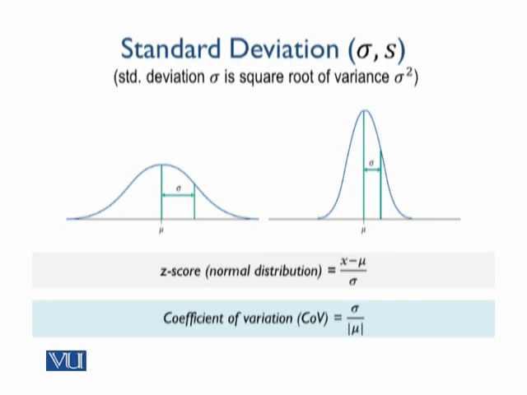So for any value x, if we want to see its z-score, we subtract mu, which is the mean value, from x. That difference tells how far that value is from the center, and then we divide it, or normalize it, by the value of standard deviation.